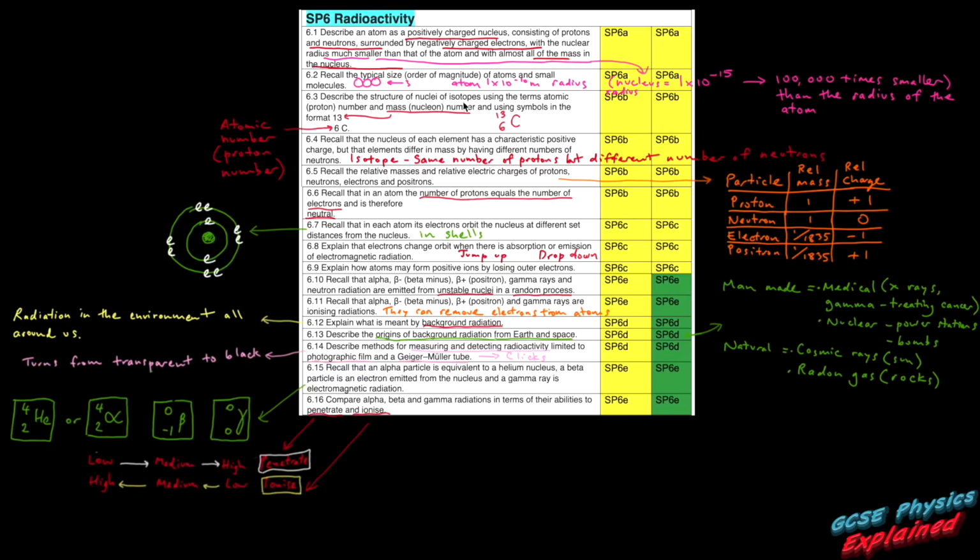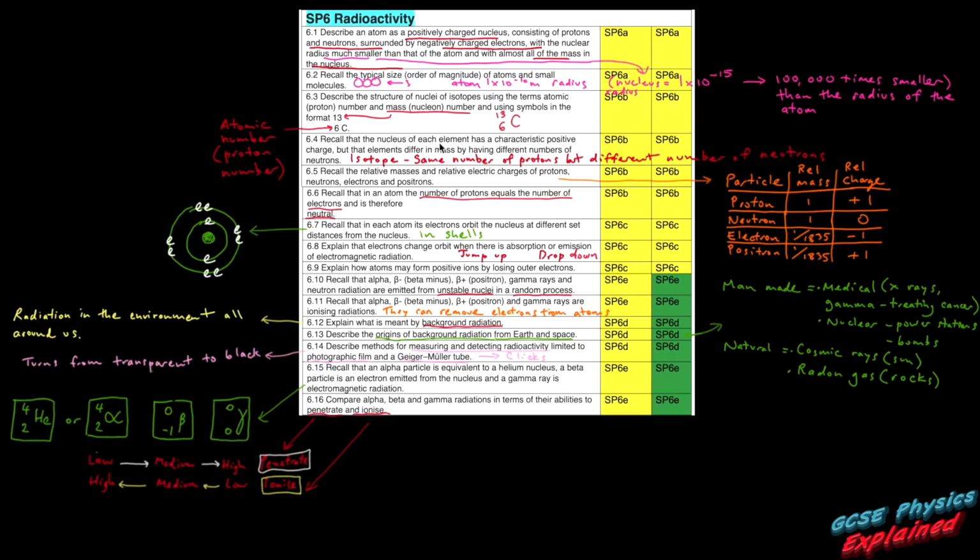Describe the structure of nuclei of isotopes using the terms atomic or proton number and mass or nucleon number, and using symbols in the format. So this bottom number here is the atomic number or proton number, and the top number is the mass number. So this is how you'll commonly see it, with the letter C in between the two numbers.